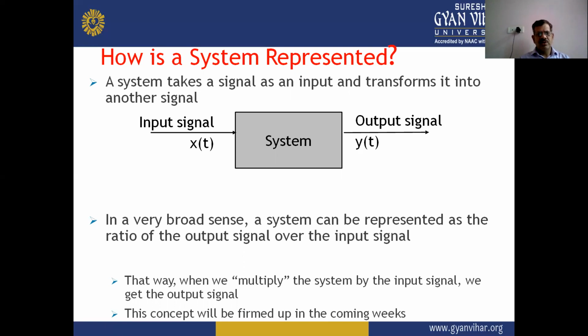In a very broad sense, a system can be represented as the ratio of the output signal over the input signal. That way, when we multiply the system by the input signal, we get the output signal.